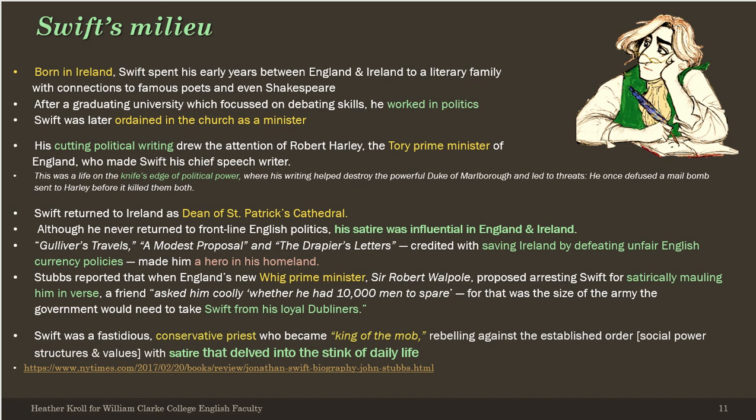Swift returned to Ireland as Dean of St Patrick's Cathedral after the Tories lost power and the Whigs came into power. And you will, of course, recognise some of their political satire in Gulliver's journey to Lilliput. He makes a very obvious satirical critique of the Tories and the Whigs. In fact, he says the only real difference between them is 1/18 of an inch, so that's a couple of millimetres.